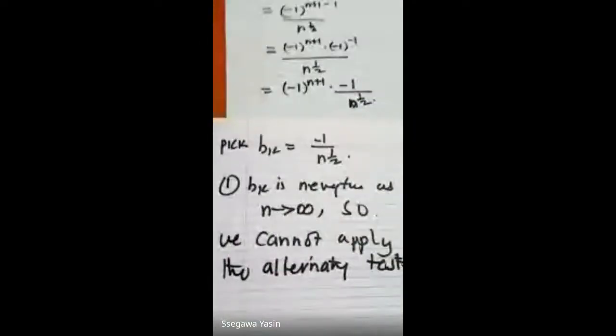This is the thing. Someone here may ask you to use the alternating test and give a reason why it cannot work. Someone can say, why this one here we cannot use the alternating test to test for divergence? Because the moment you reach here, there is already a negative which has come.